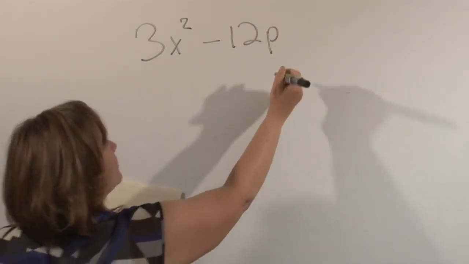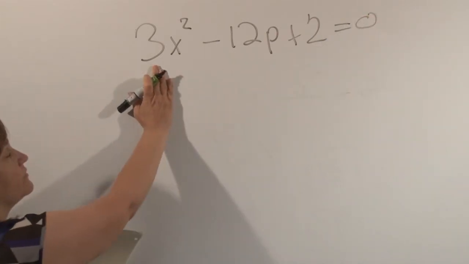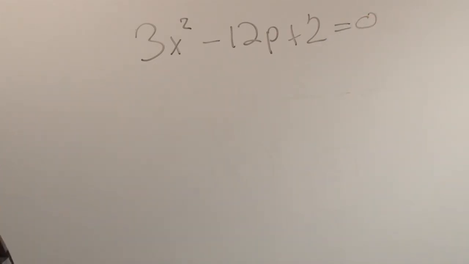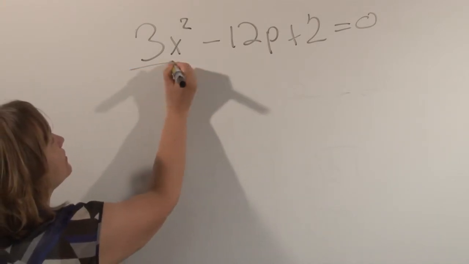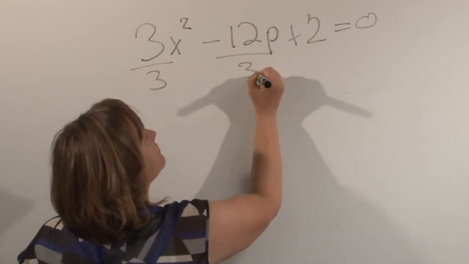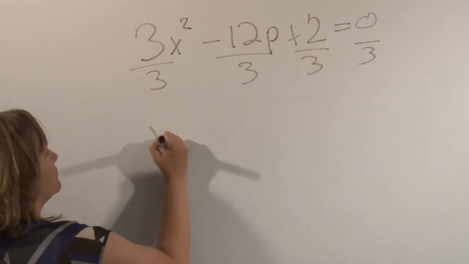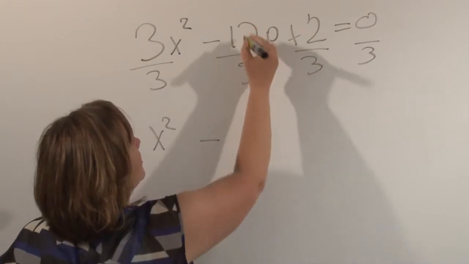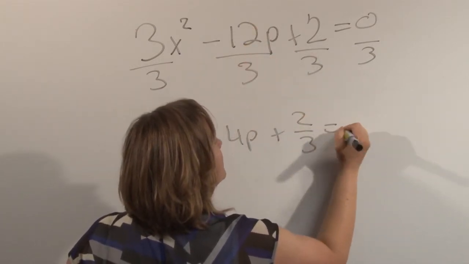So what can we do if we have something like this, where our leading coefficient is not a 1? Well, we can use algebra. We're going to divide it out. So I'm going to divide every term by 3. So that'll give me x squared minus 4x plus 2/3 equals 0.